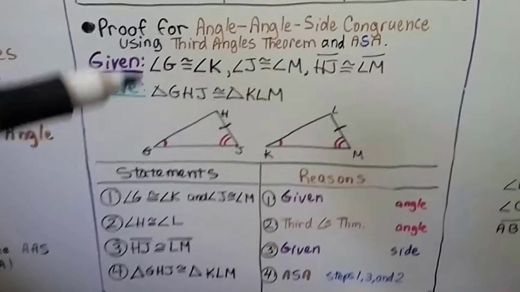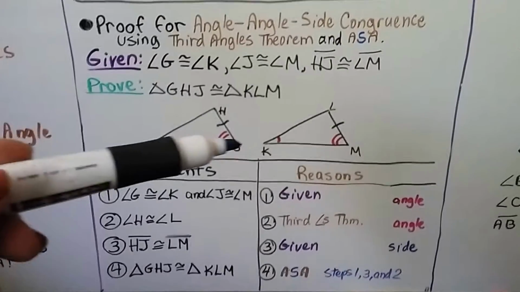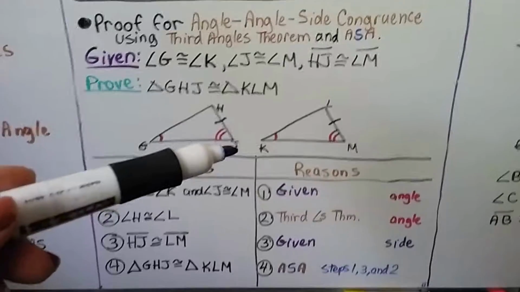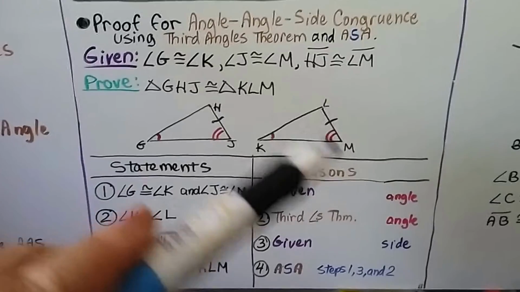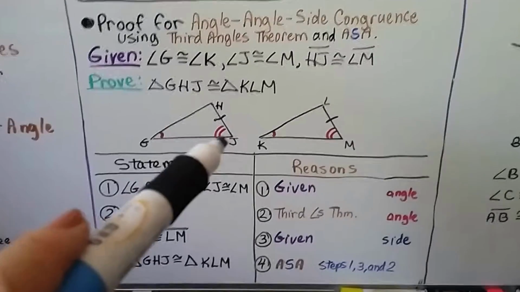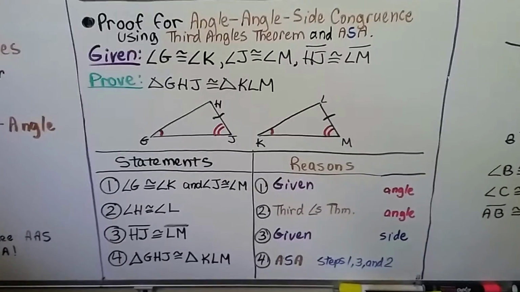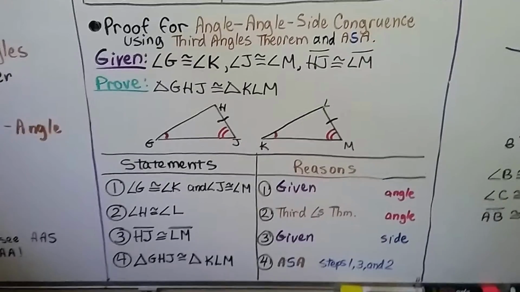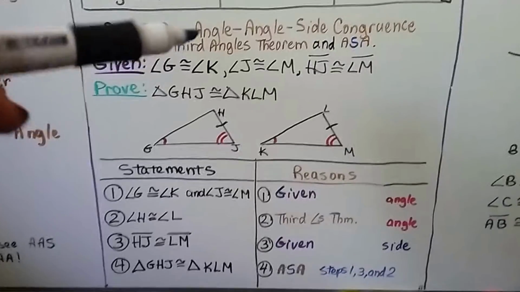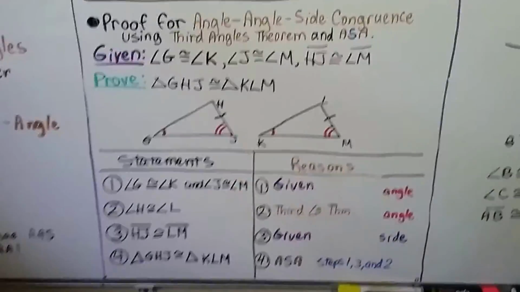So it's given that angle G is congruent to angle K, and angle J is congruent to angle M, and that HJ is congruent to LM. So we have an angle side, don't we? We need to prove that triangle GHJ is congruent to triangle KLM. So we're going to use the third angles theorem and ASA to do this.